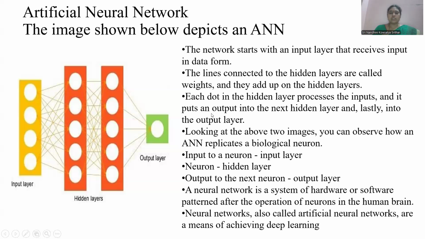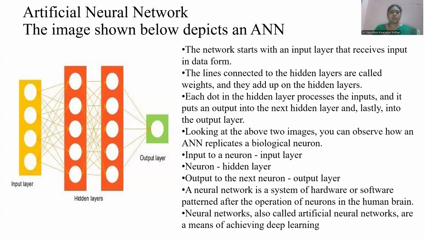A neural network is a system of hardware or software patterned after the operation of neurons in the human brain. Neural networks, also called artificial neural networks, are a means of achieving deep learning. So the network starts from the input layer, and then the lines connect every node of the input layer to every node of the hidden layers.